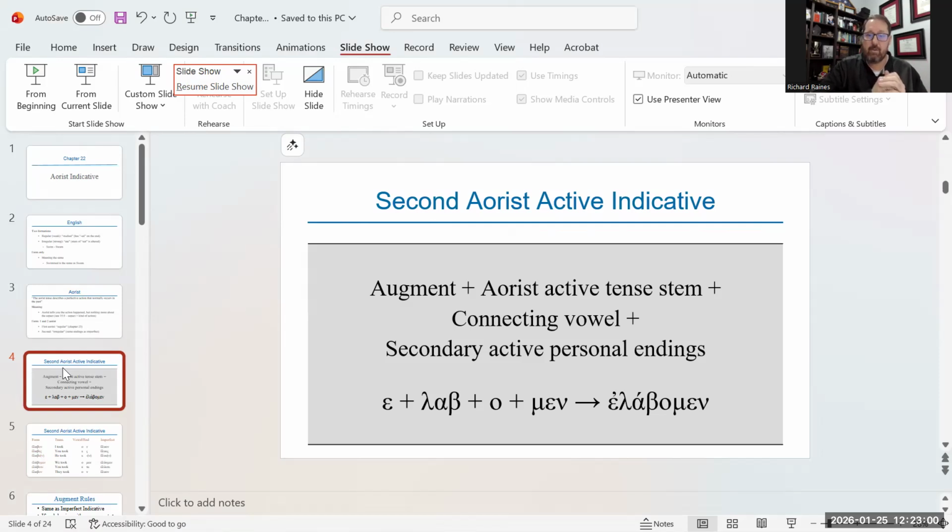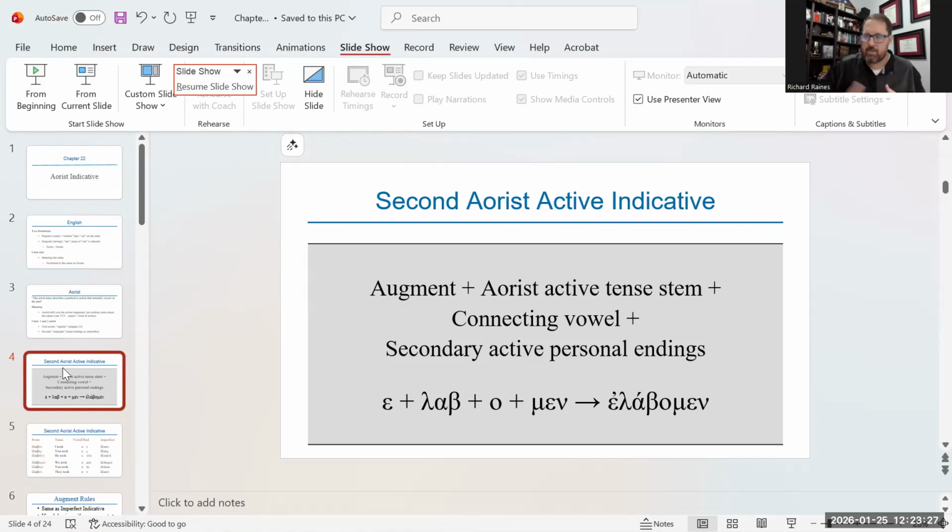And then you have the aorist active tense stem, which is the lambda, alpha, beta, lab, elab. Then you have the connecting vowel, the omicron, and then you have that active personal ending, which creates elabomen.